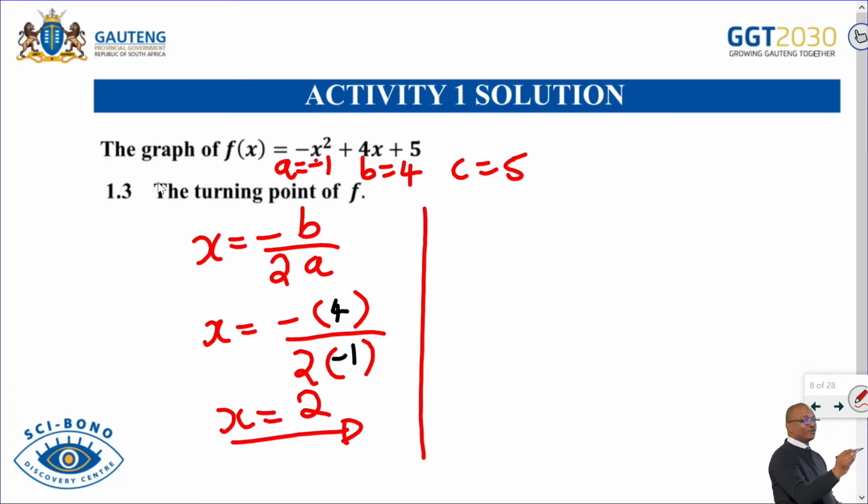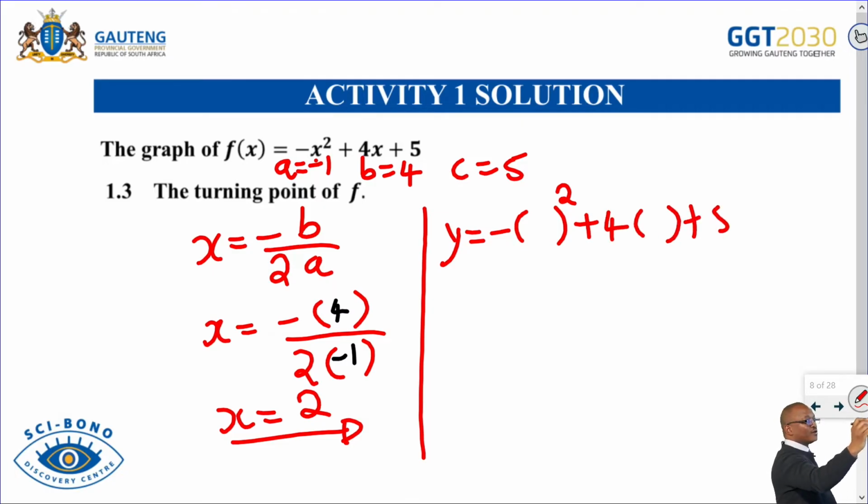Then how are you going to get your y value? You can simply substitute 2 into the original equation. We have 2 here, and we also have 2 there. So now you just punch it in your calculator.